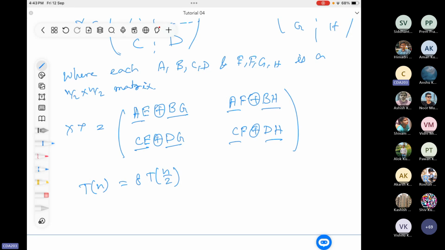So it additionally will compute order n square many additions.